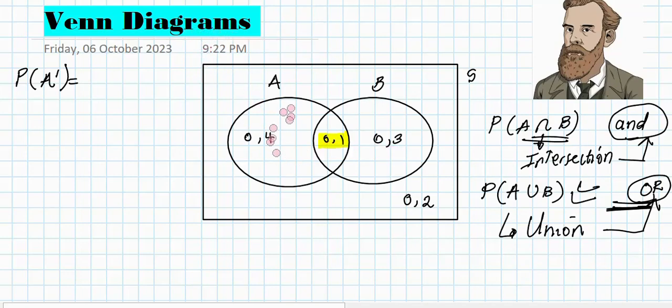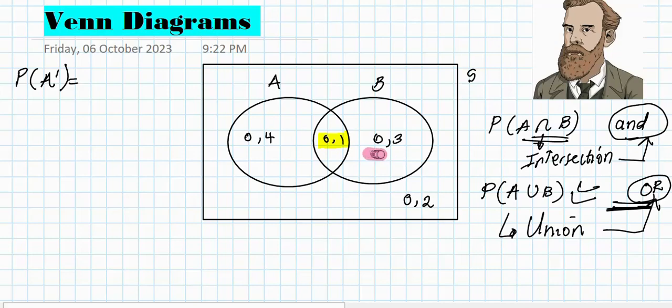I made a minor mistake. Anything else that is not A, the complement of A, this 0.4 has something to do with this A there, so we don't include that one. This 0.1 is an intersection, a combination of A and B, which means here I actually do have a bit of A in there. So I'll leave that number too.